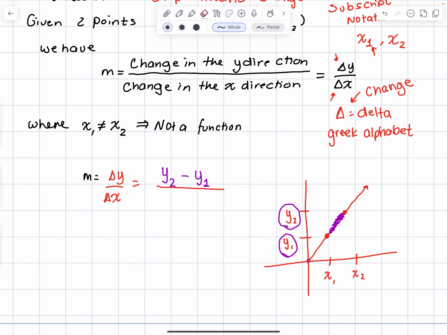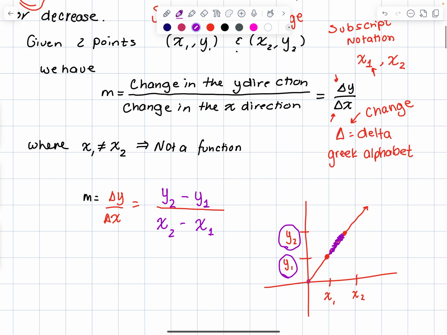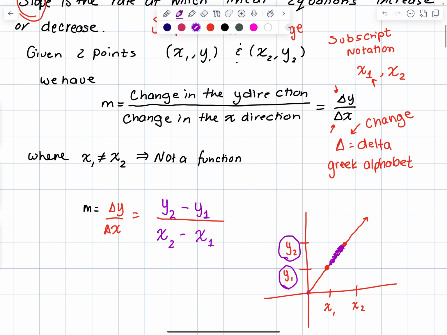If we subtract away the y1, that's this distance, we're left with this difference distance there. So that's why we want to do it that way. Then we can also do the same idea. So we take x2 minus x1. And so that's how we calculate the slope for a linear equation, is we calculate this x and y idea.